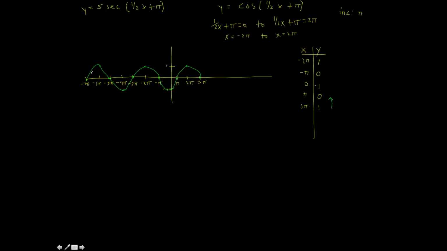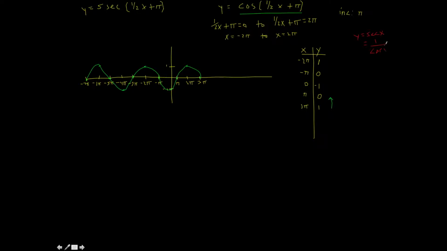Now that's the cosine version. Now to get secant, we're going to have to take our cosine version here. And what you've got to think about is that secant, y equals secant x, is the same thing as 1 over cosine.